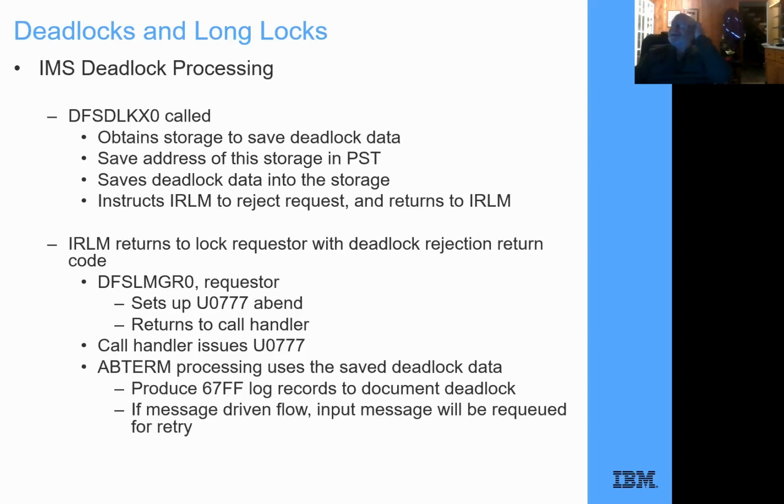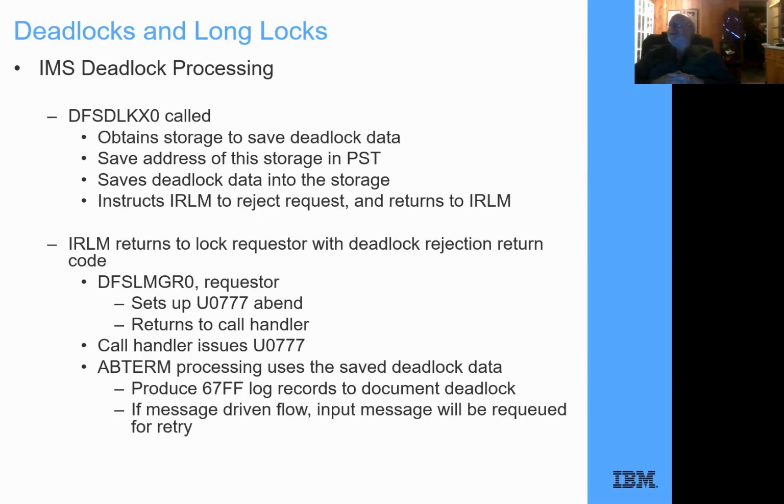So what happens when it's called? It gets storage to save the deadlock data. It saves the address of that storage in the victim PST, the one that's going to abend. We know which one that will be because we know the weighting values passed to it. Then we instruct IRLM to reject the request and we return to IRLM.